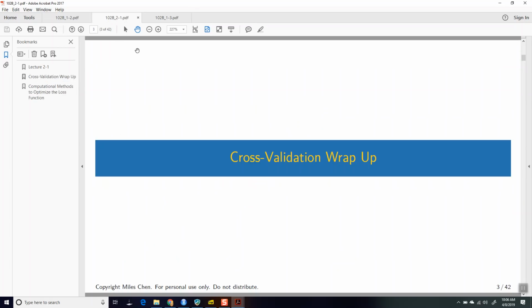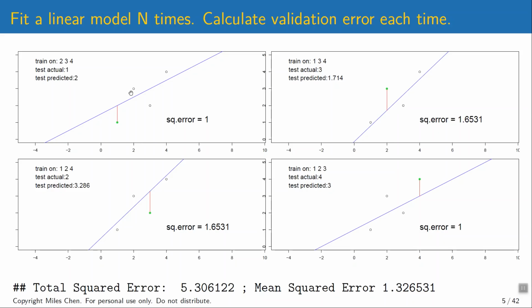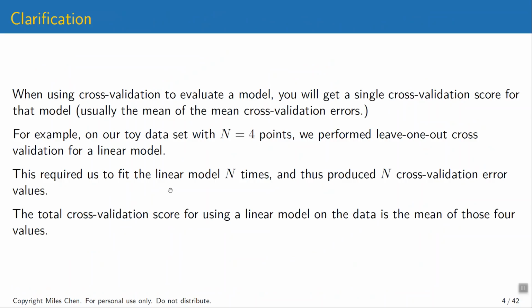And when you do this, you are going to get a single cross-validation score for that model, which is the mean of the cross-validation errors.